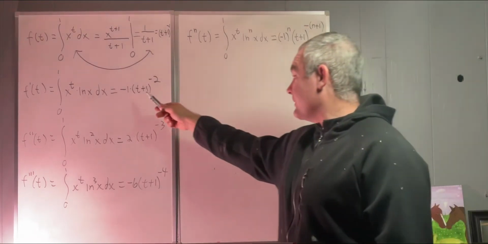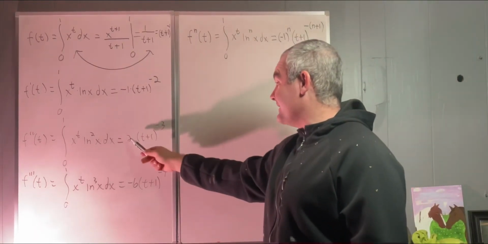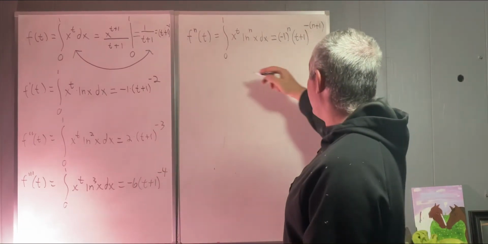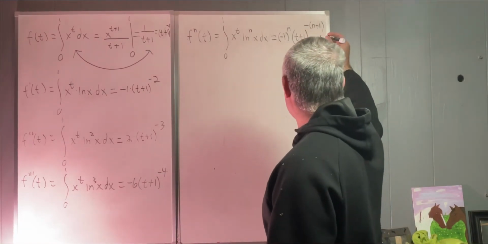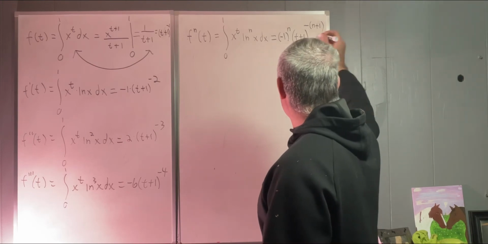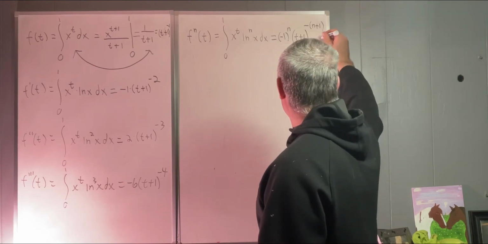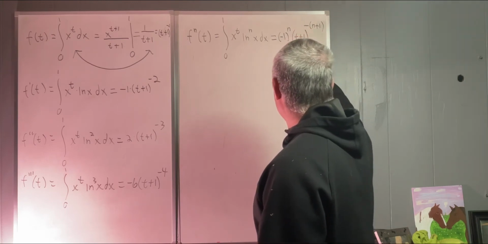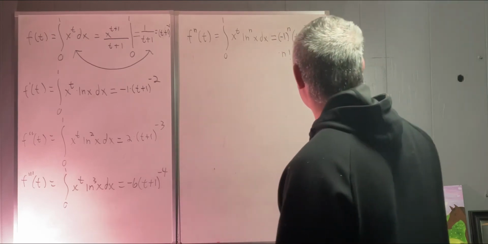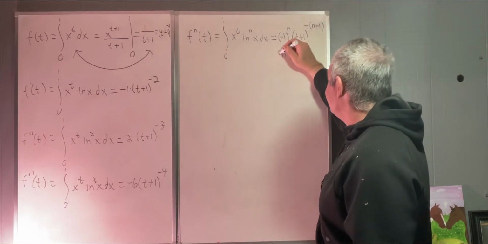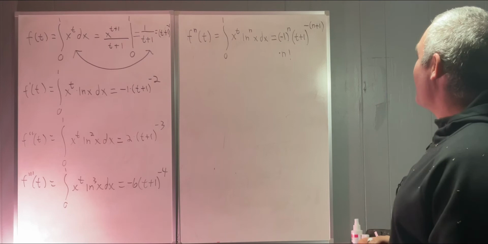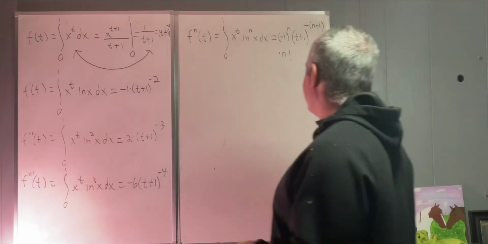Our first derivative is 1 factorial, our second is 2, our third is 3. So it's just going to perfectly match up with whatever derivative we're on. So this is times n factorial. I know that's terrible. It should all be written on one line. Sorry about that. But I'll rewrite it down here.